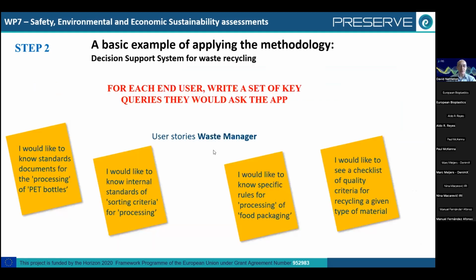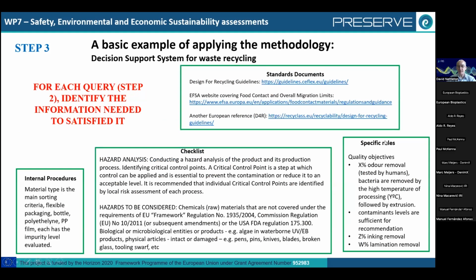And then we go to the specific rules. So the user would like to ask for specific rules. And here on the right, lower right, we have, for example, quality objectives. X% odor removal tested by humans. Bacteria are removed by the high pressure of processing at a given temperature, followed by extrusion for plastic.